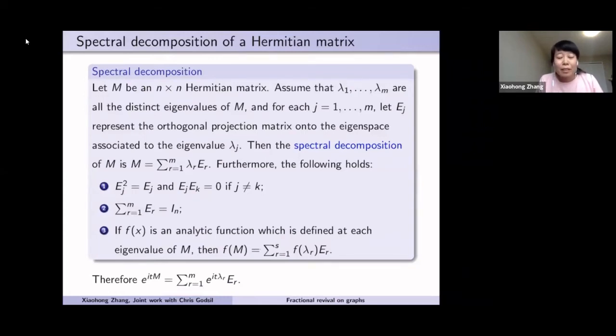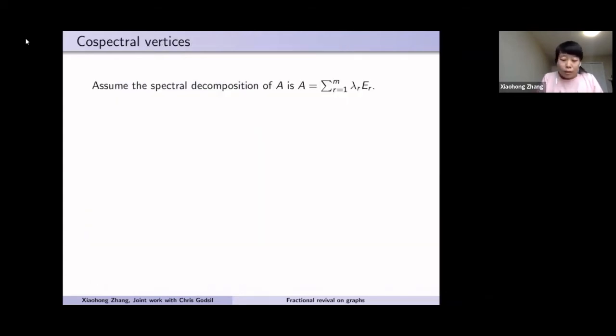By making use of the spectral decomposition, we can also define some relations between the vertices of a graph. So assume A is the adjacency matrix of a graph X with spectral decomposition like this. First, for each of those projection matrices, we can check some diagonal entries.